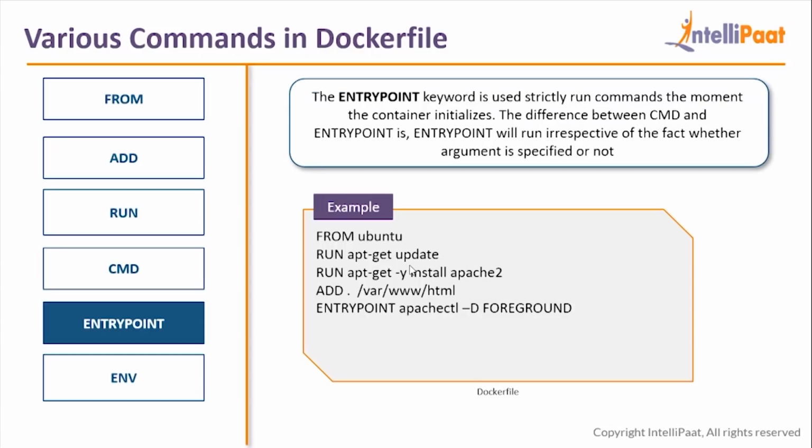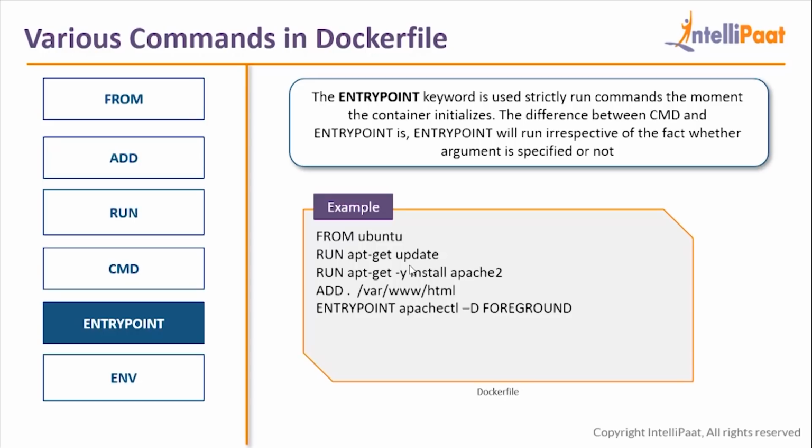Alright, the next command is ENTRYPOINT. ENTRYPOINT is exactly the same as CMD, that is, it runs at the starting of the container, but the only difference is CMD will not run if you specify an argument in docker run, but ENTRYPOINT will run irrespective of whether you have specified an argument or not.